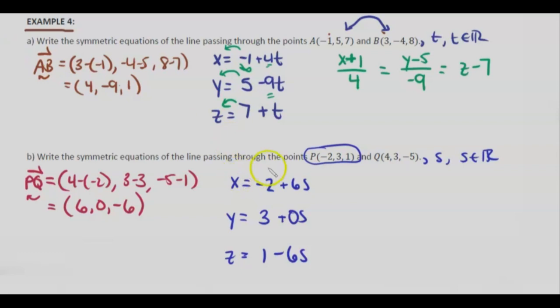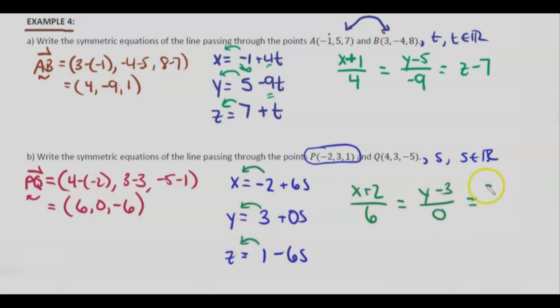So let's bring over the -2, and we get x plus 2. And we're going to divide by 6. Okay, now this is going to be y minus 3 divided by essentially 0. We're going to talk about that in a second.